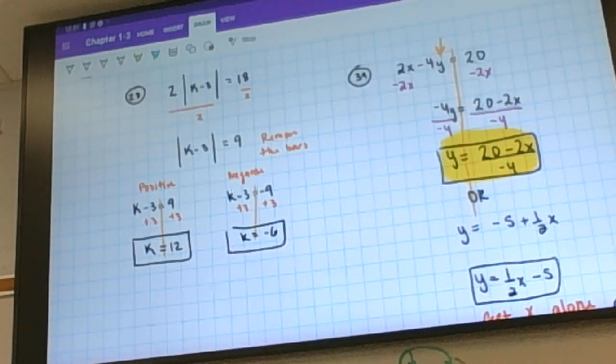I was on the right path. I just forgot. Who got 28 right? You guys do divide by 2 first? Somebody probably distributed in. That's okay. Go back, divide by 2 first. Right? And then 39. The yellow box is 39.